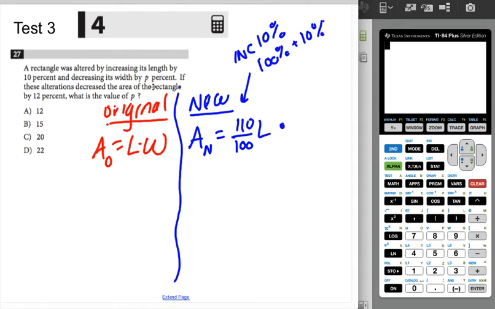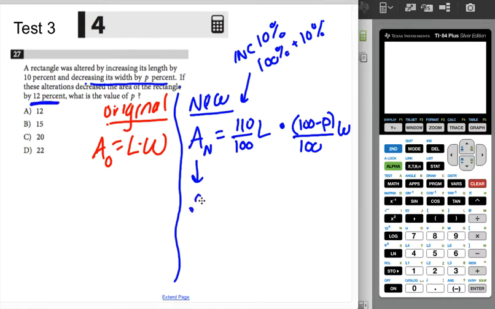And then we know that the width was decreased by p%. Well, if it's decreased by p%, then essentially you are retaining 100 minus p%, right? So decreased by p% means that what you're keeping is 100 minus p over 100 times the width. And what I know is that this new area is a 12% decrease in area.